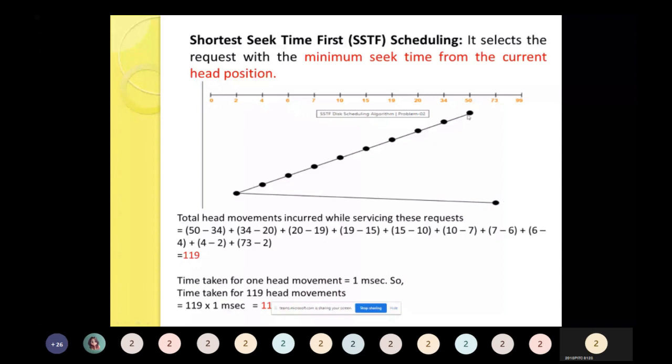This movement is very important because based on it we are going to calculate the head movement.